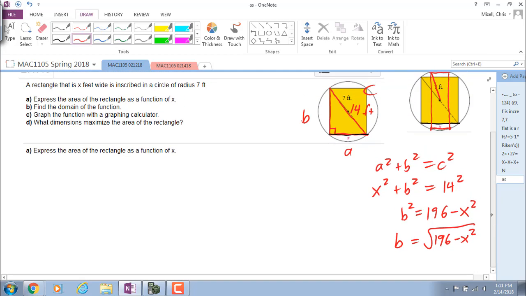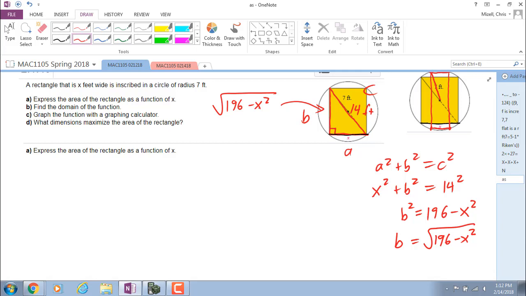And the idea is this. Well, that's a good question, but it turns out we can't take the square root of this and simplify it further to get, for example, 14 minus x.